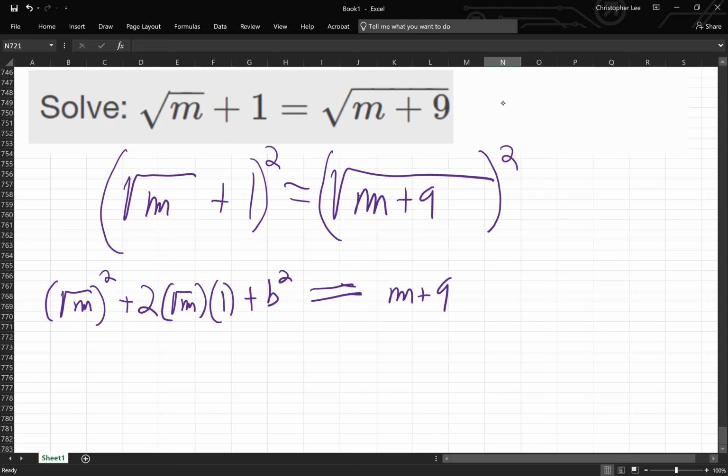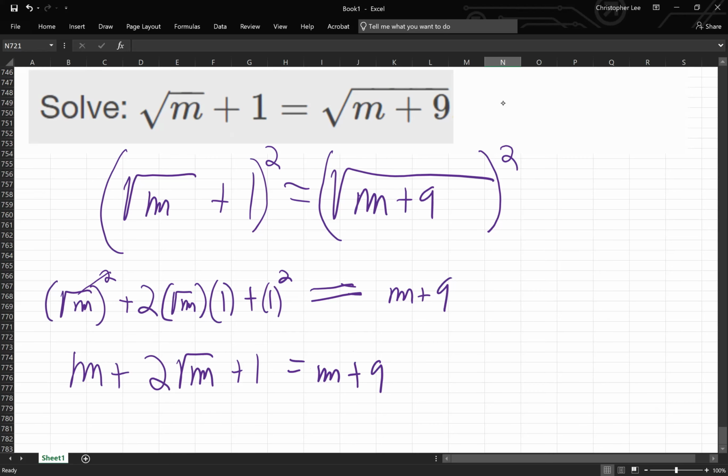Wait, why did I say b? I'm sorry, 1 squared. Sorry about that. Let's do a little math on this. These will cancel. So I have m plus 2 square root m plus 1 is equal to m plus 9.